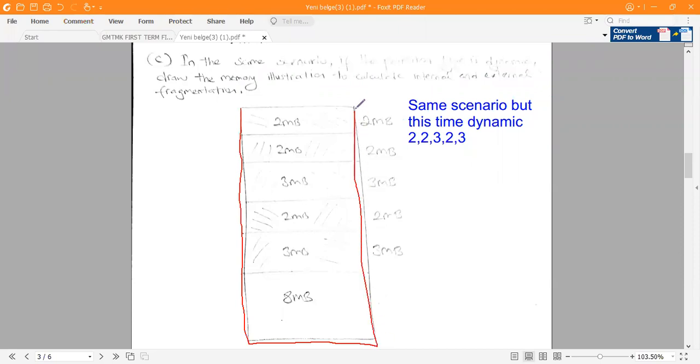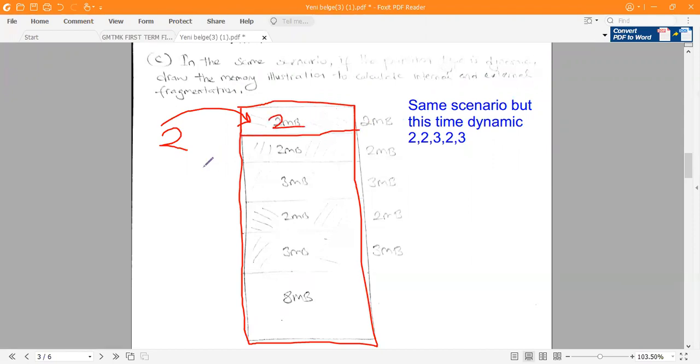I mean, in memory, nothing. We have no partition, nothing. So when a 2 megabyte process comes, the system will allocate a partition of 2 megabytes.